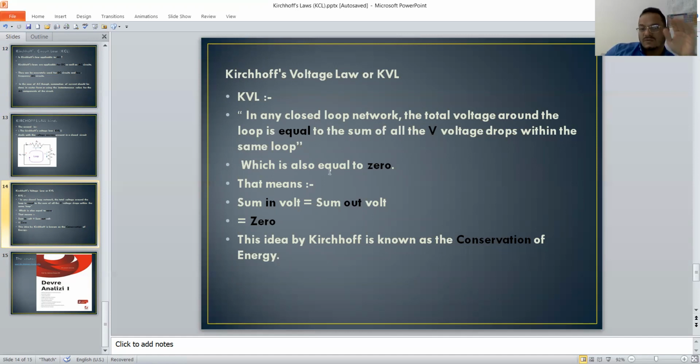That means, like I said before, out voltage equal input voltage and equal 0. Summation in volt equal summation out volt and equal 0. This idea by Kirchhoff is known as the conservation of energy.